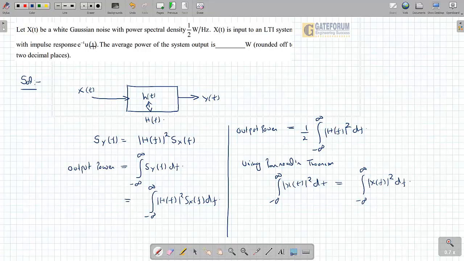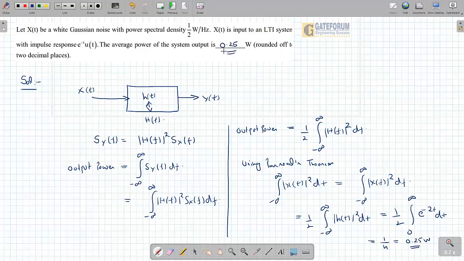So I can replace this with h(t) = e to the power minus t u(t), squared. So this becomes 1/2 times the integral from 0 to infinity of e to the power minus 2t dt. When you solve this, you get 1/4, which is nothing but 0.25. The answer for this is 0.25, rounded to the decimal.